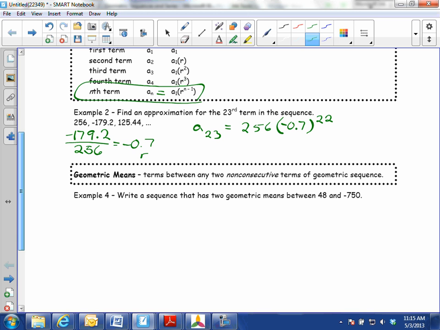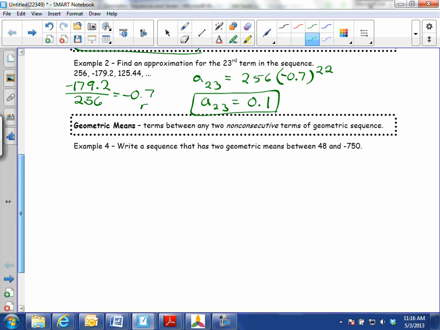Make sure you have parentheses in the formula, because you're taking all of negative 0.7 to the 22nd. It's not negative because it's to an even power. Just say even powers are always positive, no matter what. Odd powers, if you have a negative number, are going to be negative.